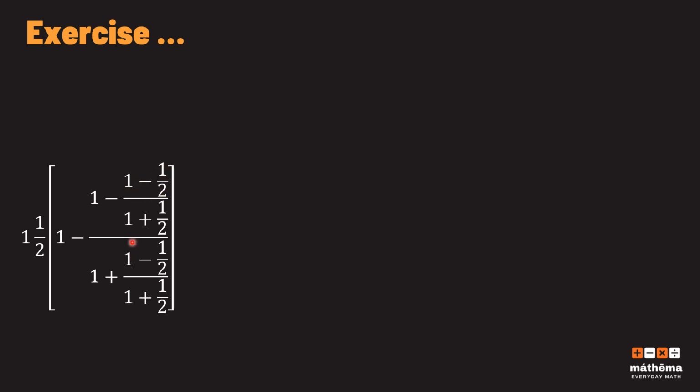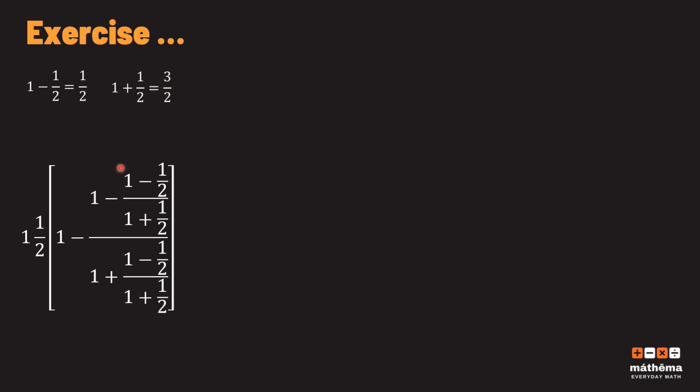1 minus 1 half over 1 plus 1 half. And as you can see here, these two are just the same. So you have 1 minus 1 half over 1 plus 1 half. So simplify, 1 minus 1 half is just 1 half. Alright, next, 1 plus 1 half is just 3 halves.